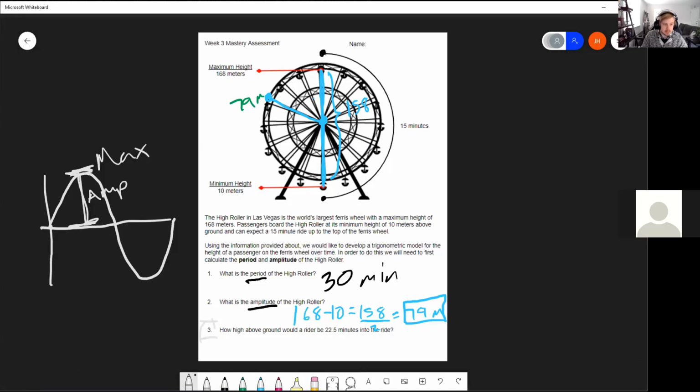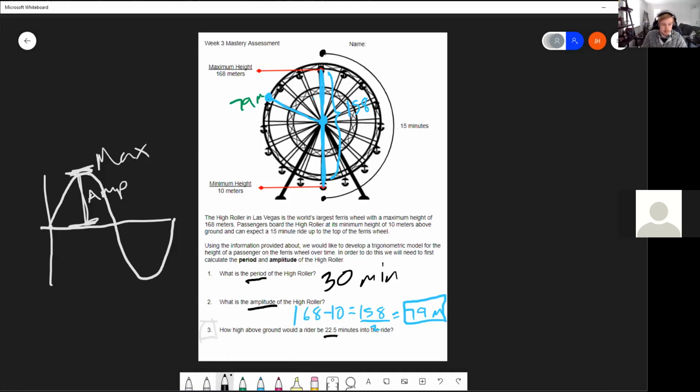The third one was a problem that I liked a lot because it takes these ideas, especially the idea of amplitude and the idea of period, and asks us to combine the two of them to think about this problem in the context of what our height is at 22.5 minutes, right?